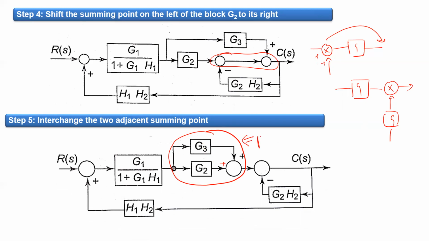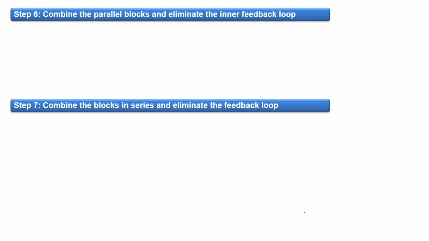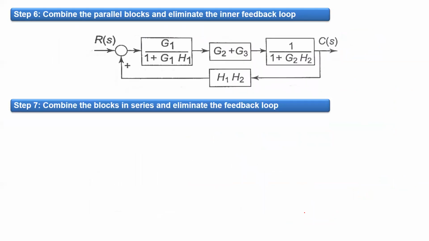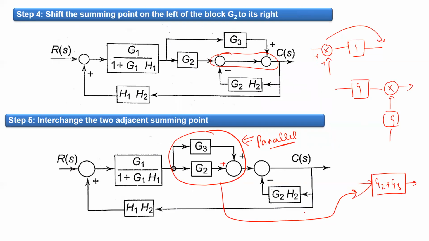So they will be added. That means we can replace this with a single block containing G2 plus G3. So now this is what we have got. We will replace this one with this one.